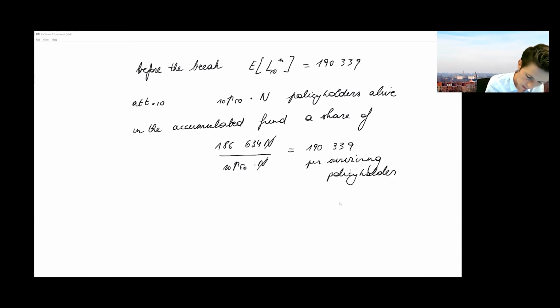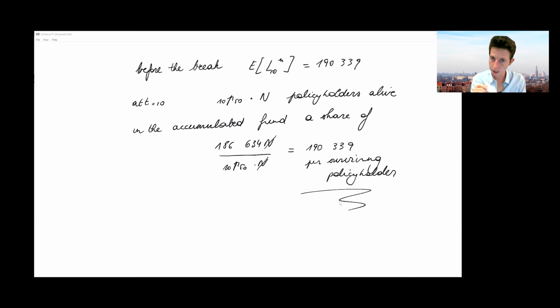Okay, and that's exactly why we see that this retrospective point of view leads to a similar conclusion as the prospective point of view that we took before the break. So what I did is I put myself at time 10, I looked back, and asked which cash has been flowing from the insurance company to the policyholder and vice versa?